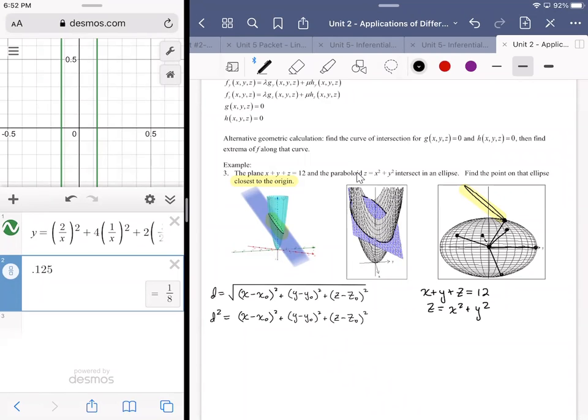The other constraint, I'm going to air quotes constraint there, is the fact that we're looking for a distance closest to the origin. Origin is 0, 0, 0. So that gives us a fixed point that's known.